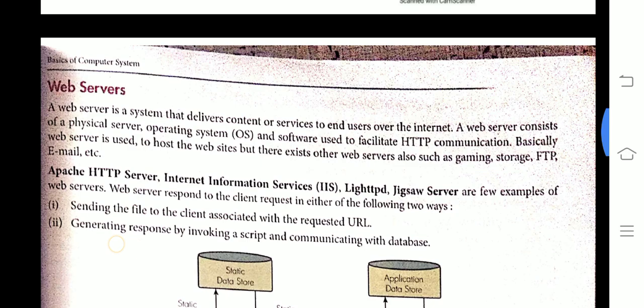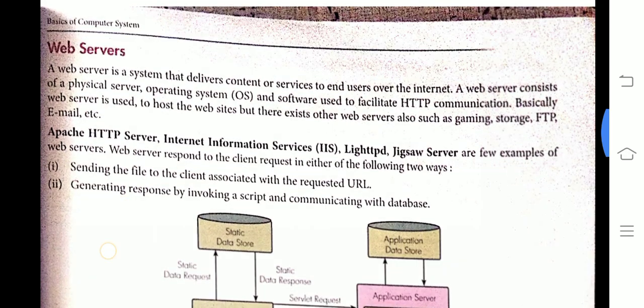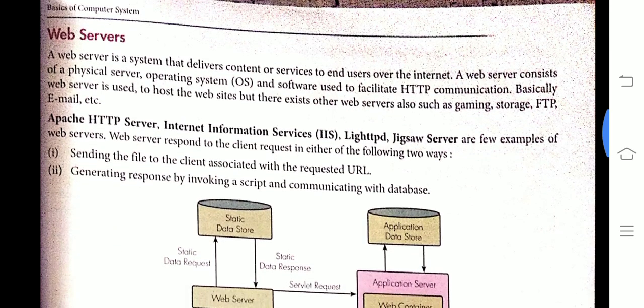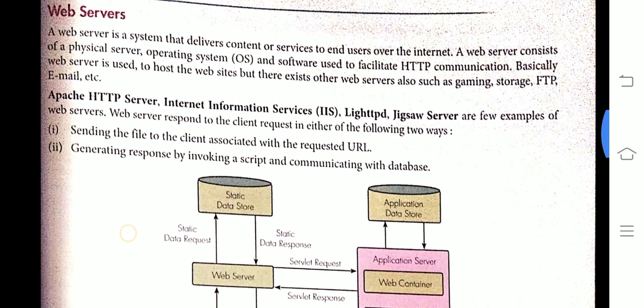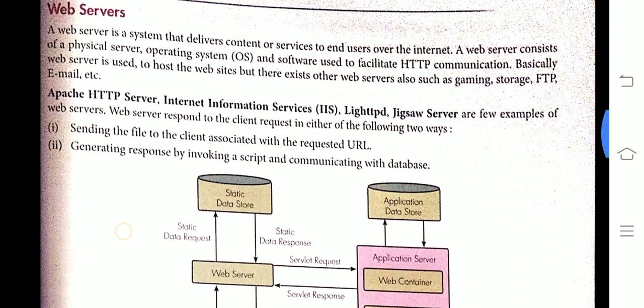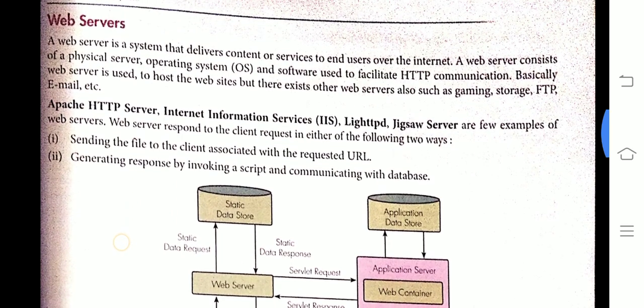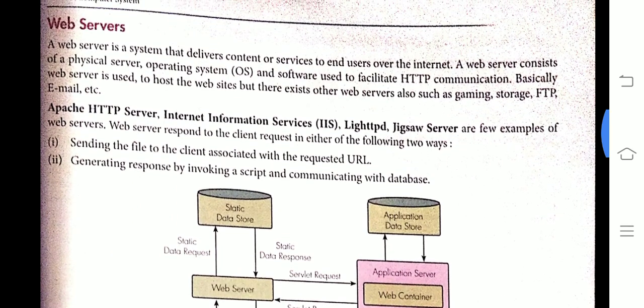A web server consists of a physical server, operating system, and software used to facilitate HTTP, Hypertext Transfer Protocol, communication. Basically, a web server is used to host a website, but there are other servers also, such as gaming, storage, FTP, email, etc.